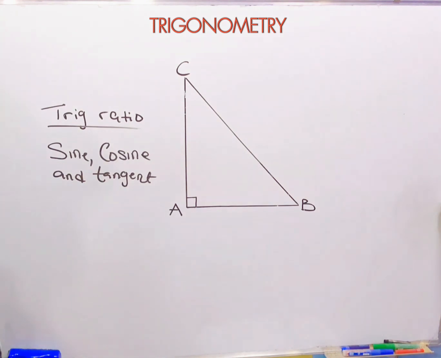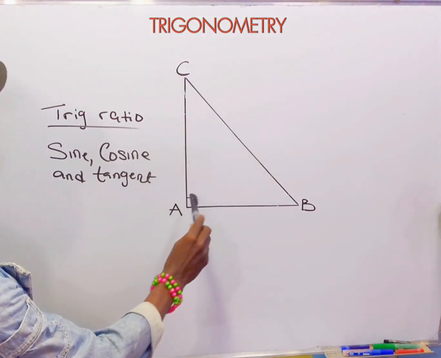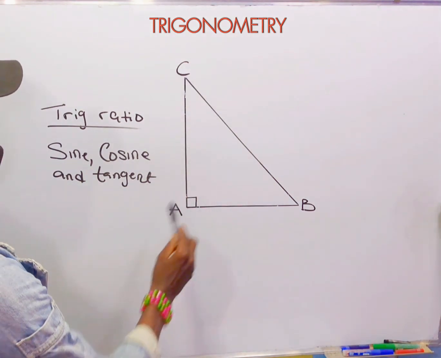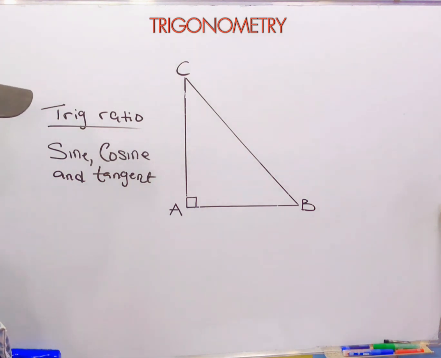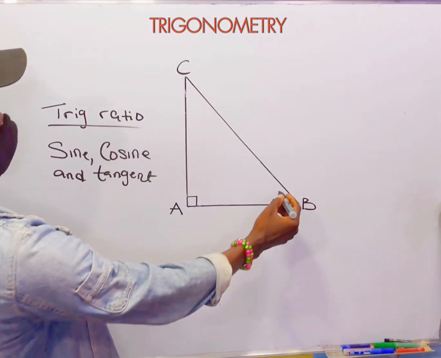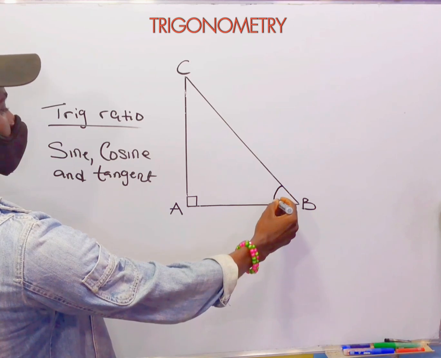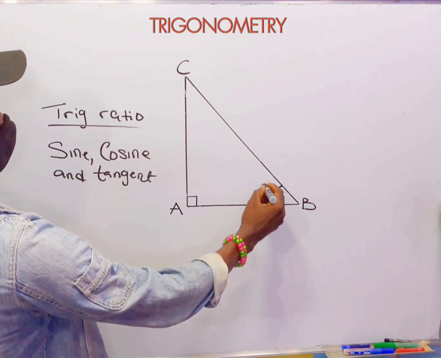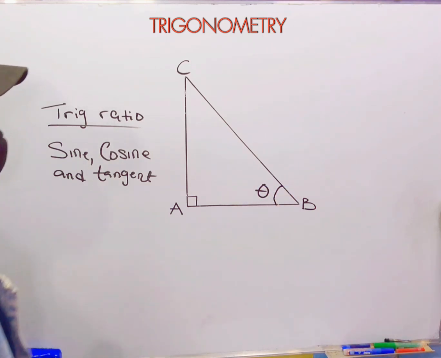Now, a right angle triangle is simply a triangle in which one of its angles is a 90-degree angle. If this is our angle, let's call it theta.